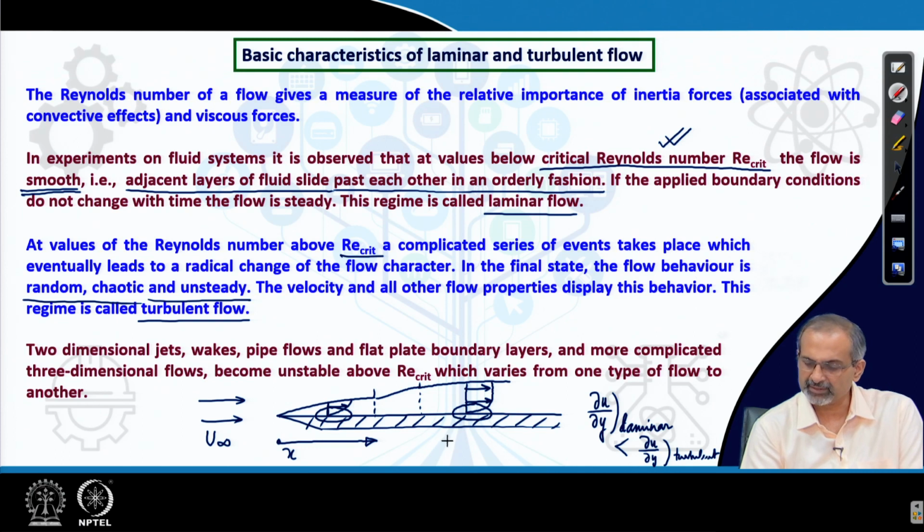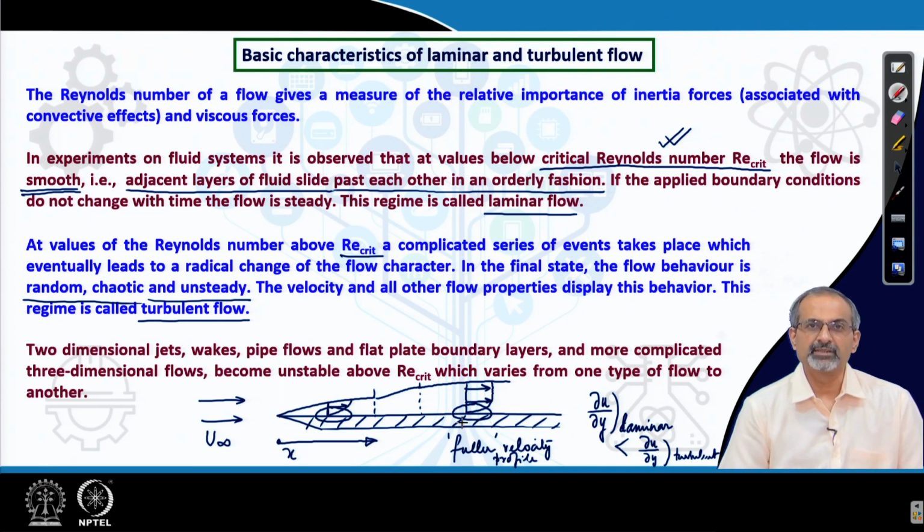This is what we mean by a fuller velocity profile for the turbulent flow. And we will discuss later that much of this is due to the random chaotic nature of turbulent flow itself, that it attains this fuller velocity profile.